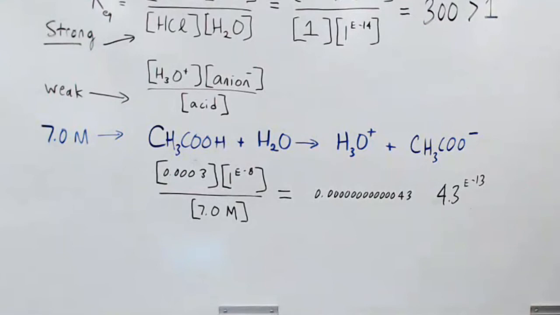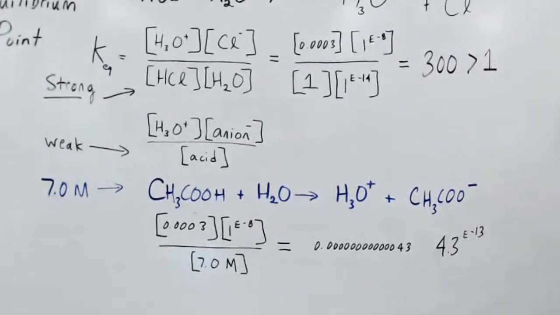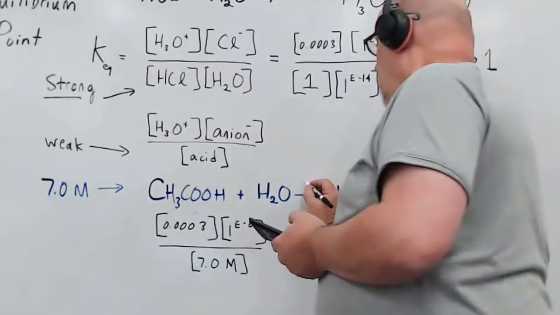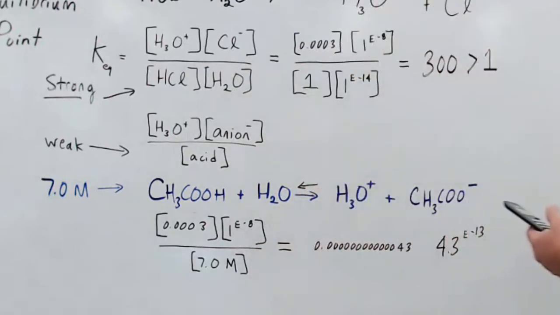And so what we see here is that the weak acid will not completely dissolve, will not completely convert into ions. And so we'll end up with a system where the reaction is actually going in both directions.